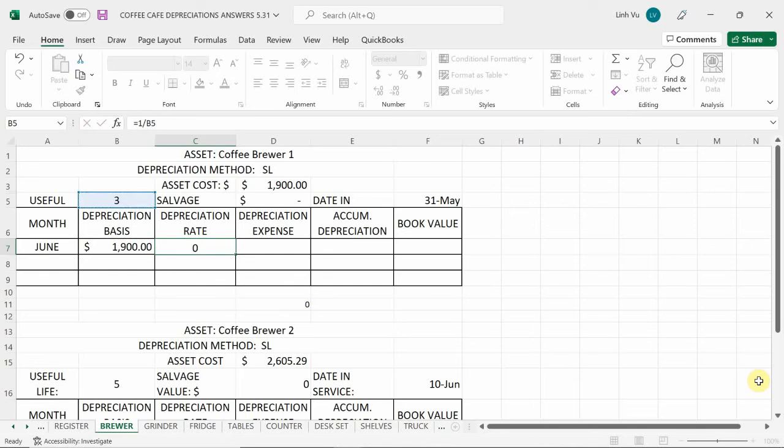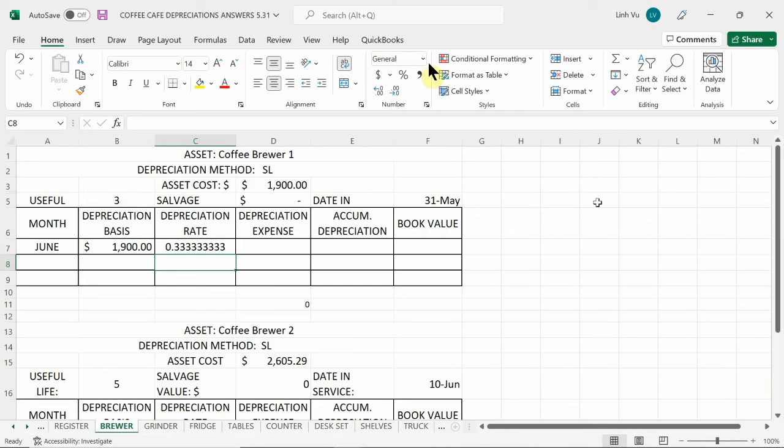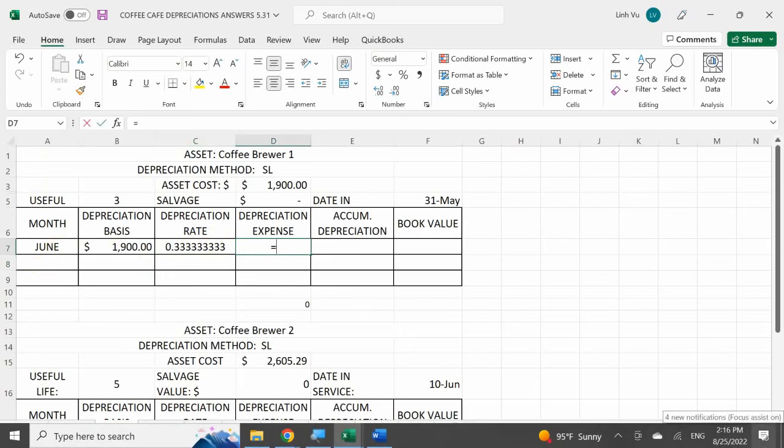You would divide by 12, because you are only depreciating for the month of June. Dividing 1900 by a third gives a whole year, so you divide by 12 to get your monthly depreciation. How much is it going to be for the month?